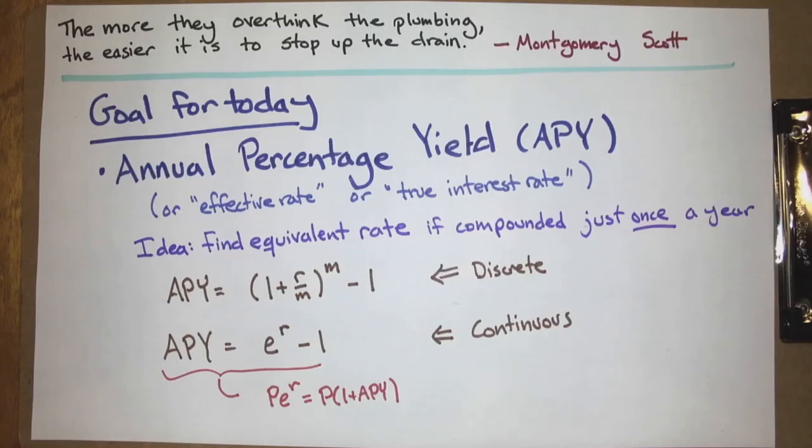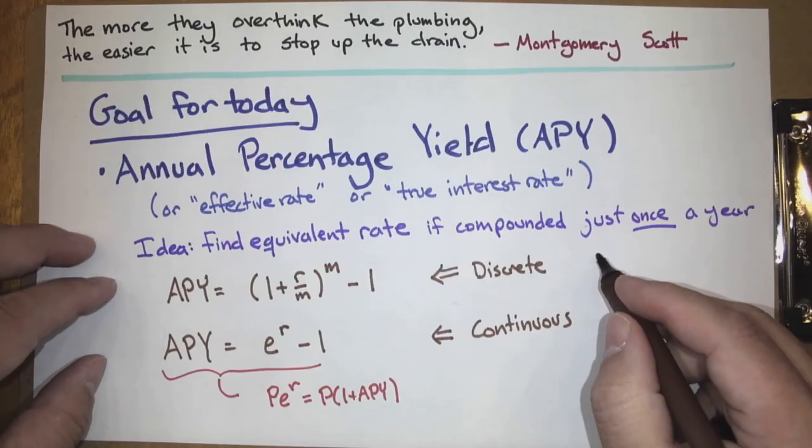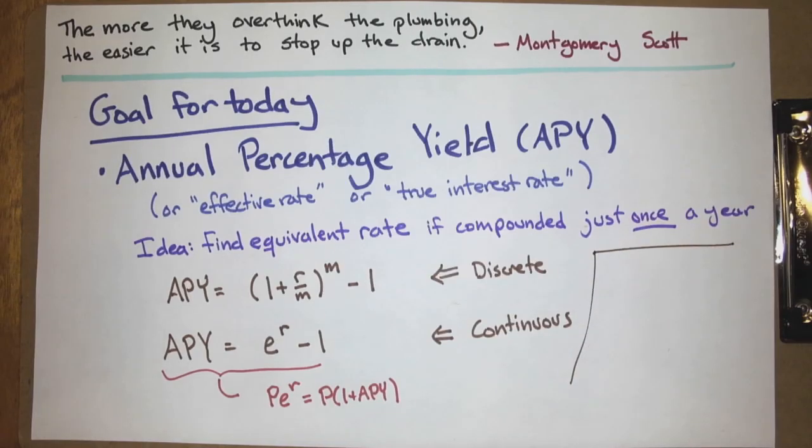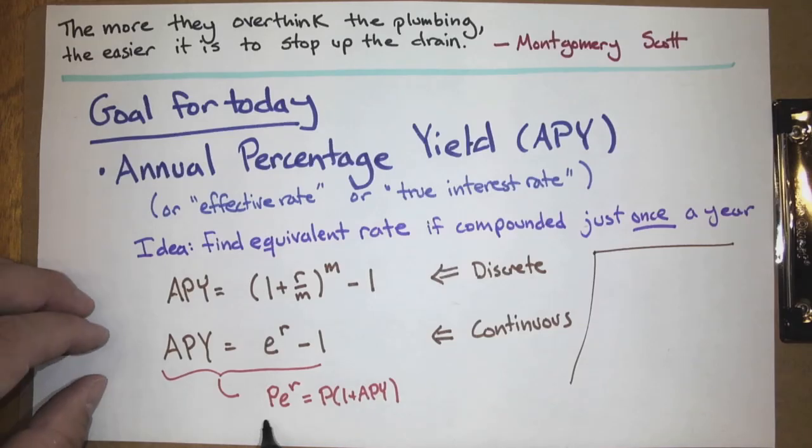For the continuous one, it's e to the r minus 1. Now, in case you're wondering, wait, what? Here's how you should think of it.